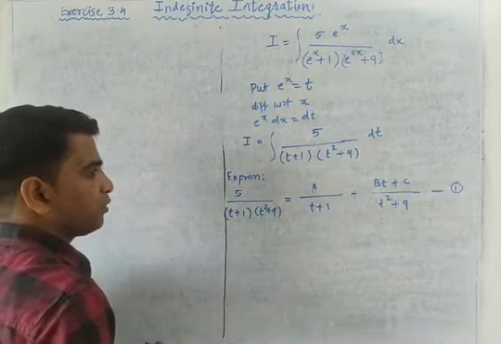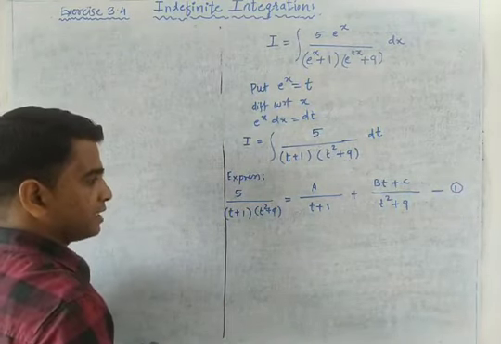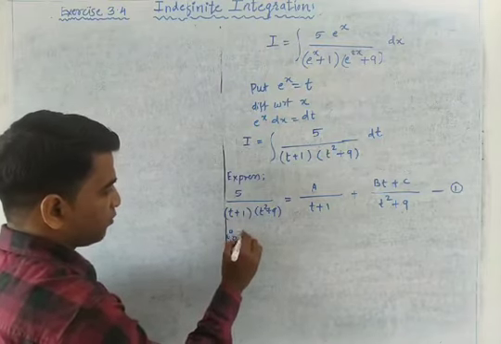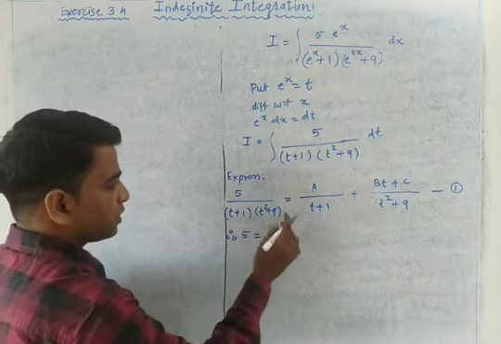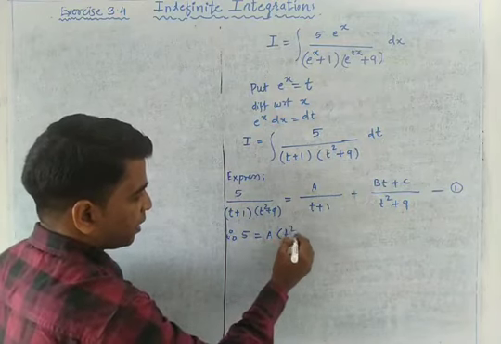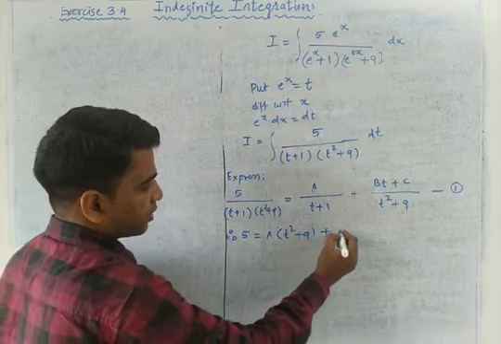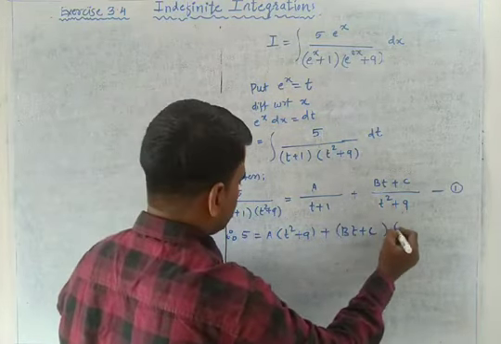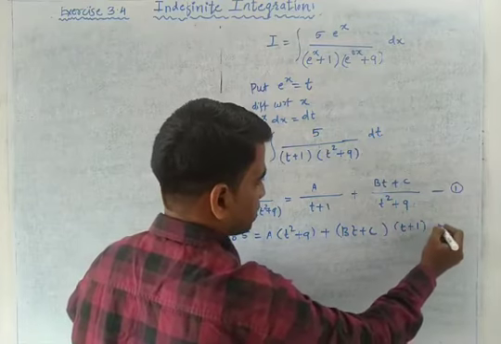Okay, now we are going to find the values of a, b and c. For this start with simplification. Therefore 5 is equal to a multiplied by (t square plus 9), plus (bt plus c) multiplied by (t plus 1).